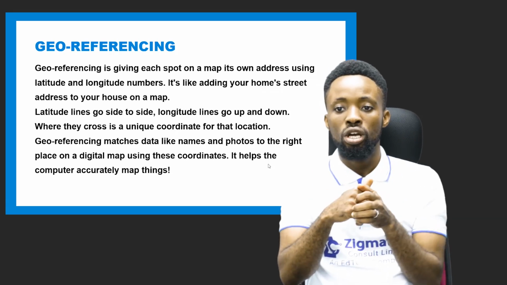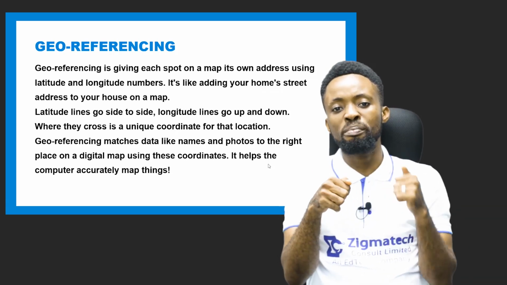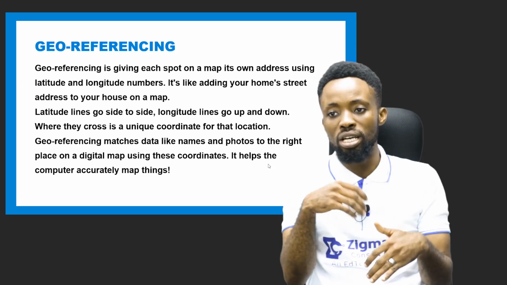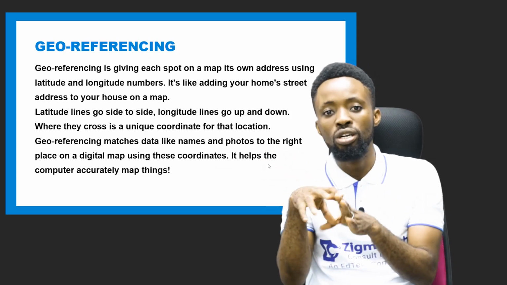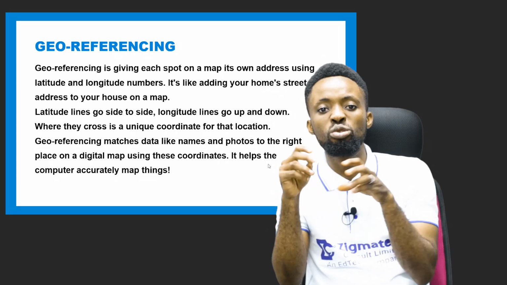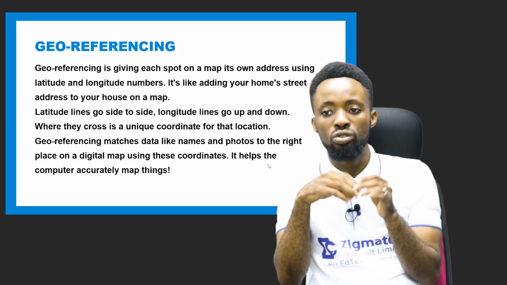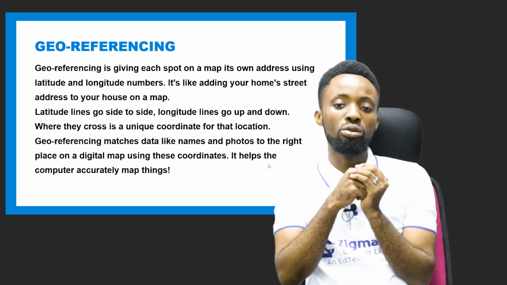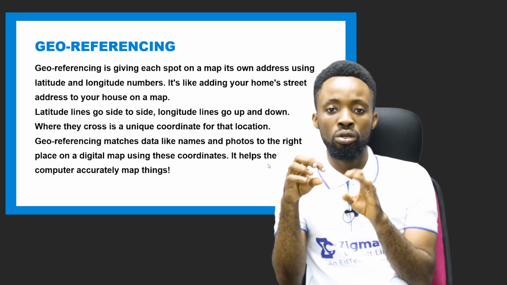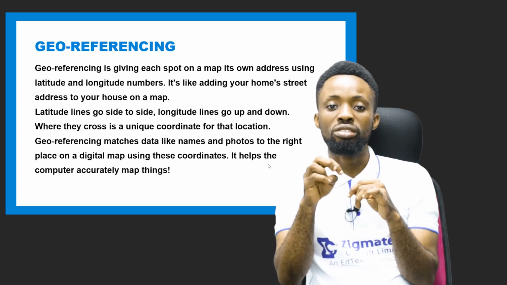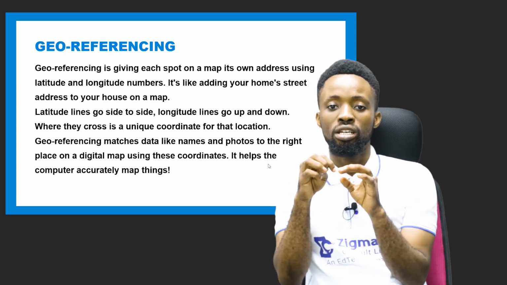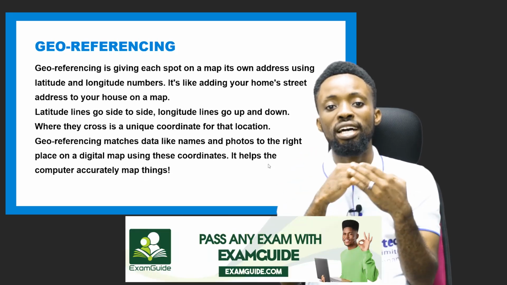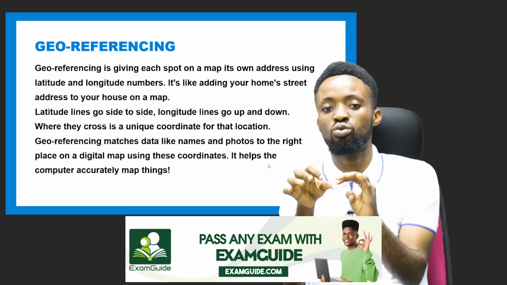So georeferencing actually matches data like names and photos to the right place on the digital map using these coordinates. A good example is the Google map. When you check for a particular place on the Google map, let's say your house, and you search for it, you realize that the moment you tap on that place, there is actually a coordinate assigned to it.